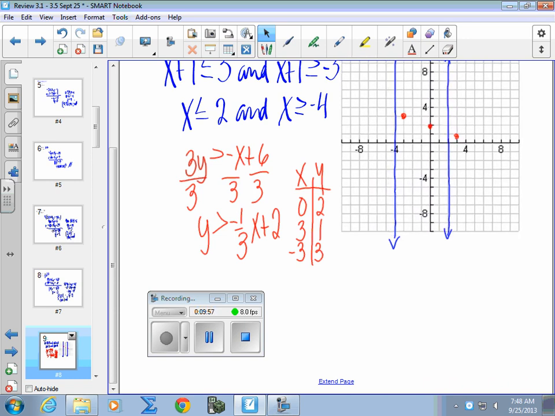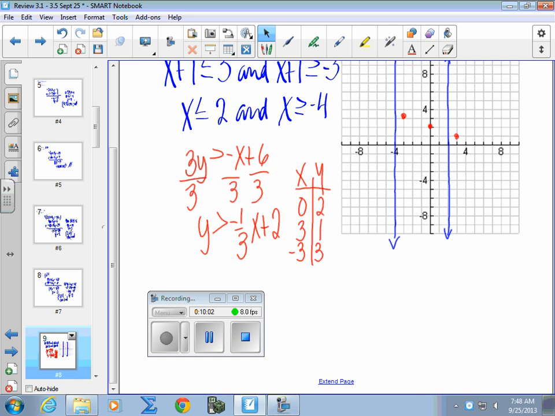All right, so we're back to negative 4 and 2. Alright, so are we going to shade above or below? We need to shade above, we need to shade inside the solid lines, the vertical lines, and above the dotted line. Everybody okay with that one?